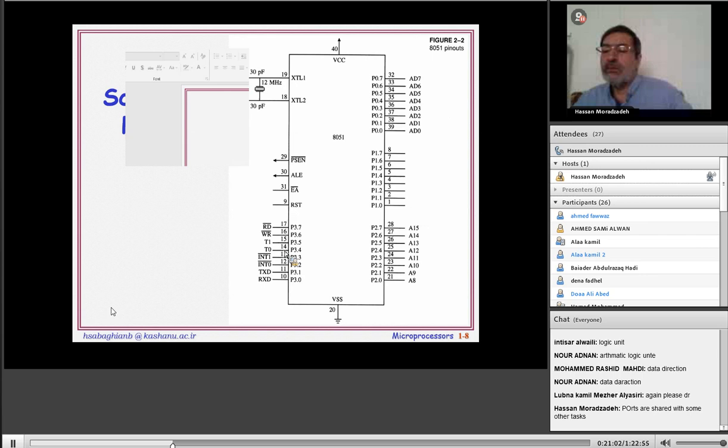P3.2 and P3.3 may be used for interrupt 0 or interrupt 1. For example, in our system, if we didn't use interrupt 0, we can use it as P3.2, etc. Timer 0 input, timer 1 input, read bar, write bar for handshaking with RAM memory. Okay, Mrs. Lobna?